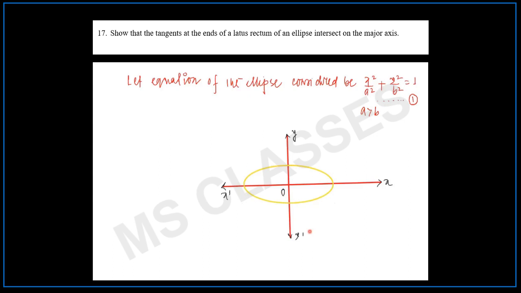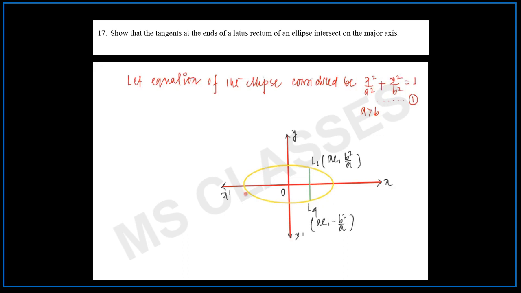Now the tangents are to be drawn at the end points of the latus rectum. So we take here our latus rectum, L1, L4. This point is a comma b square by a, and this point is a comma minus b square by a.